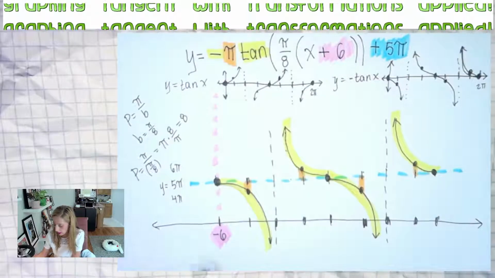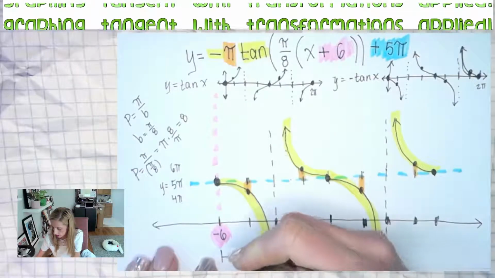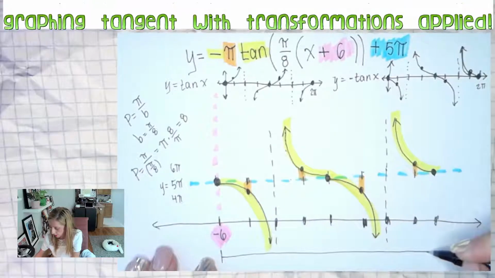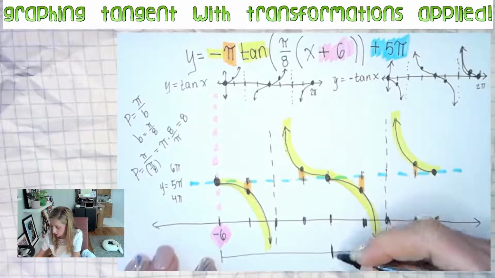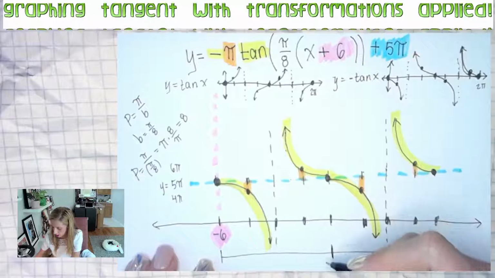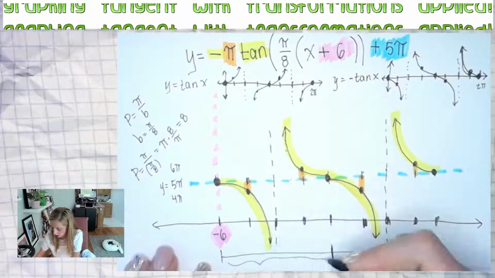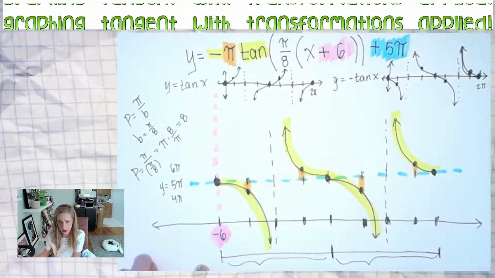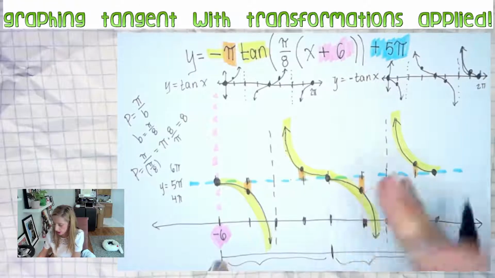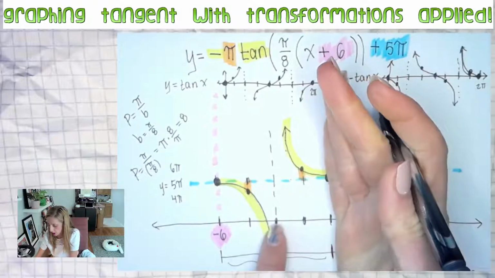So the period is the distance from the first to the last point. But, oh, I should be careful. That is the end of one period. And then we've been drawing 2. So that's the end of another period. Then we divided a period by 4 because look, 1, 2, 3, 4.